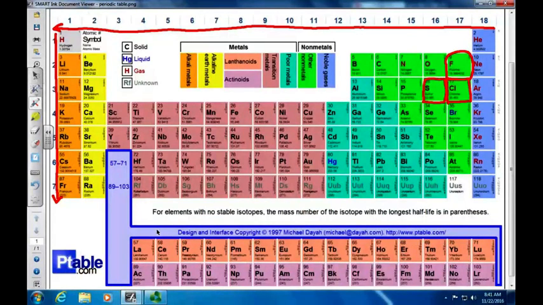And if we follow the trend, first and foremost it looks like it should be sulfur. Sulfur should be our largest atom because it's furthest down the period and furthest to the left in terms of the groups. So the next largest would have to be chlorine, and that would make fluorine our smallest.